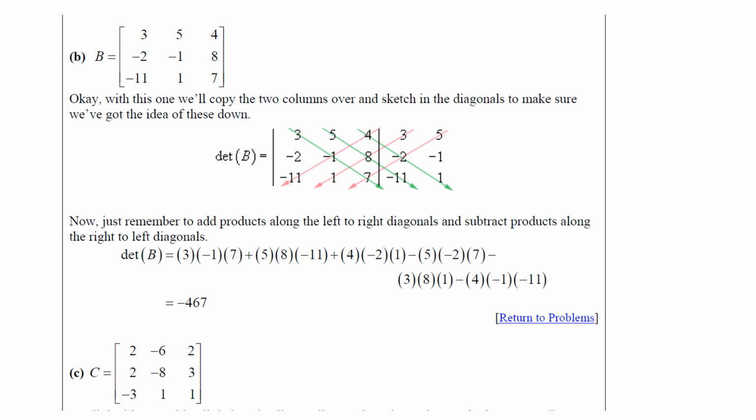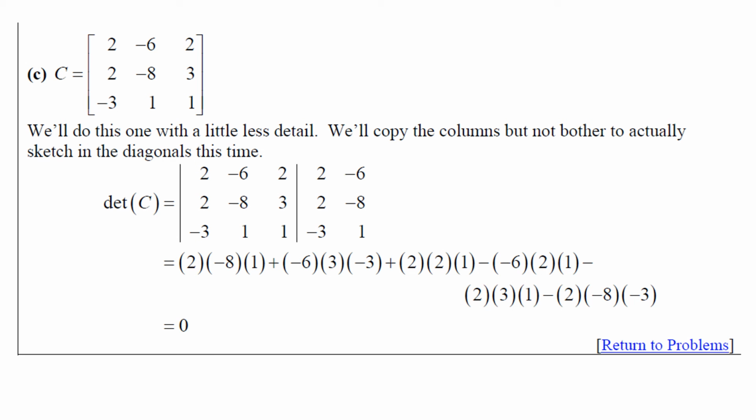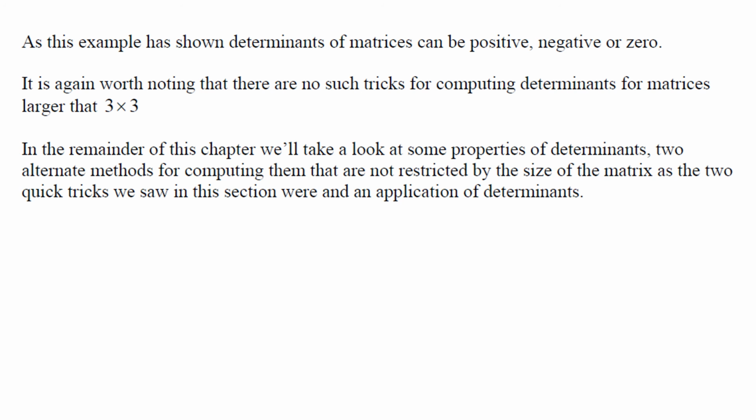Finally, for example C, we will get 0. So what you've seen is that the determinants of matrices can be positive, negative, or 0.